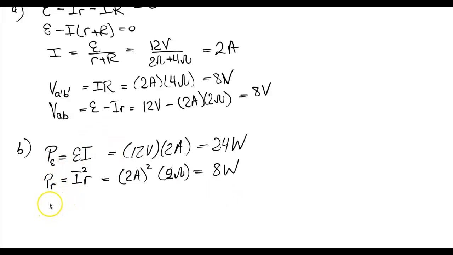And now we can find the power across, if you want, a node A prime, B prime, which is where the voltage would be for the net power, that can be set as the voltage across those two times the current, like we did earlier.